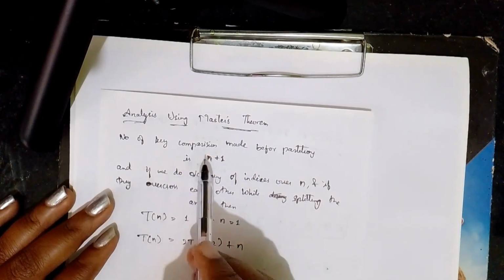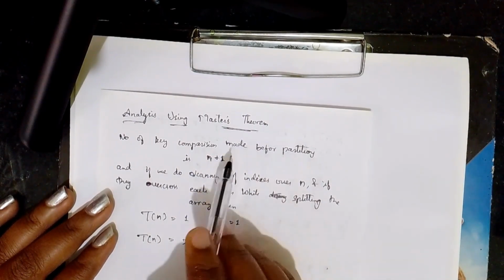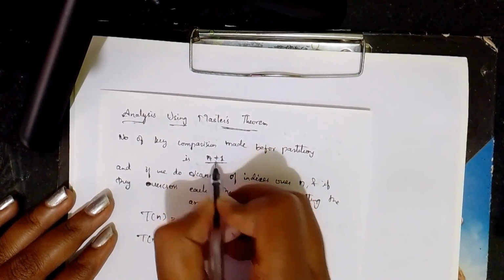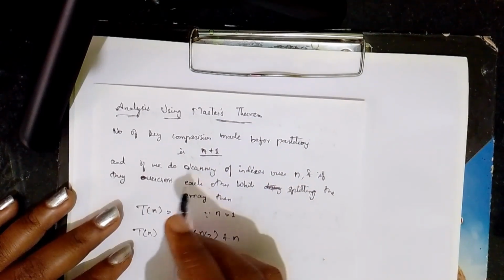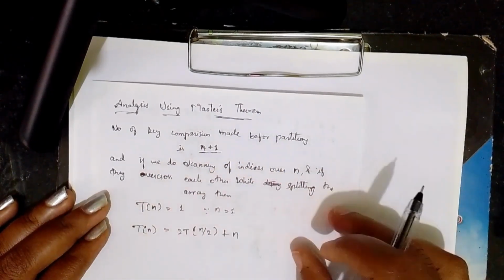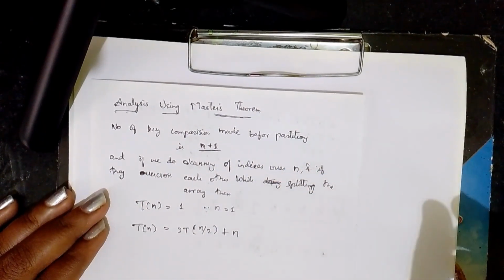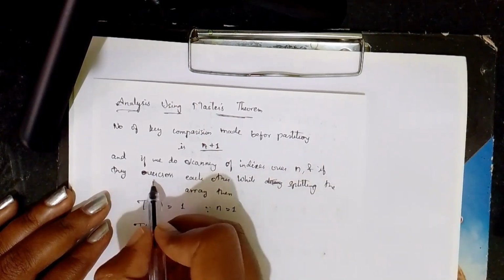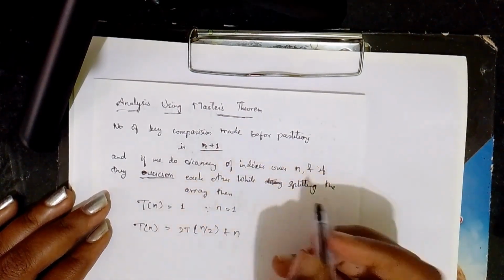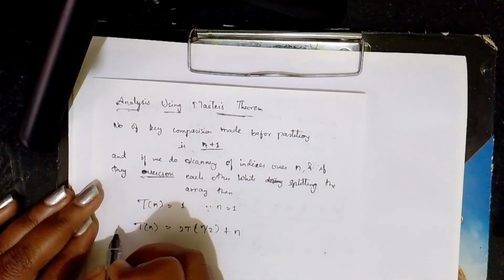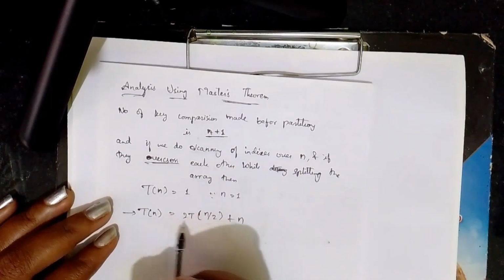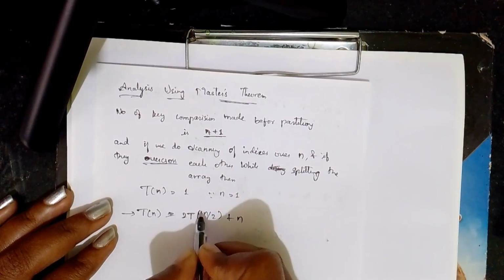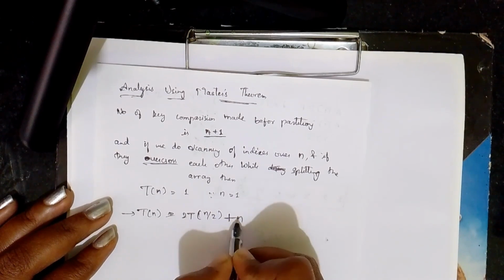Here, the number of key comparisons before partitioning is n + 1, right? If we scan the array of n elements, and the scanning pointers coincide or cross each other while splitting, then we have the recurrence relation T(n) = 2T(n/2) + n.